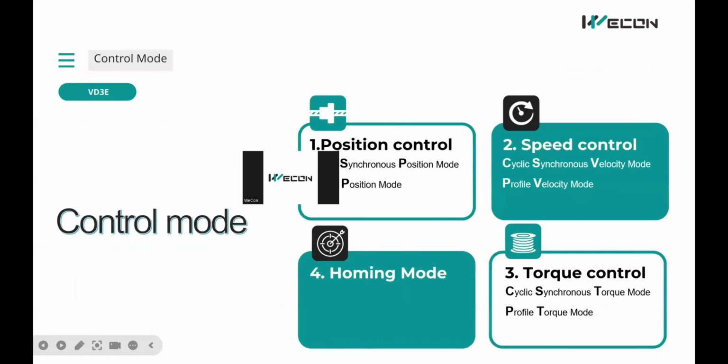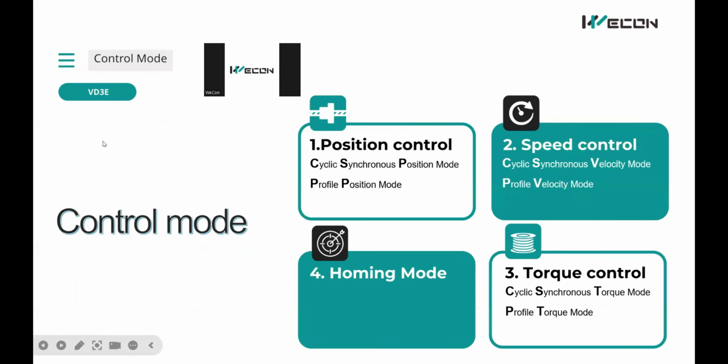Part 2. Here are the control modes supported in VD3. Here we have 4 parts. For position control, we have 2 modes: CSP mode and PP mode. For speed control, we have CSV mode and PV mode.